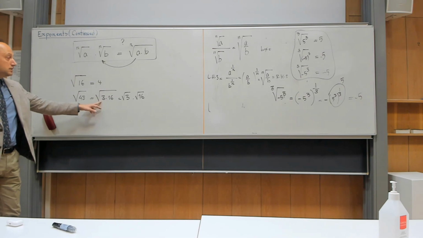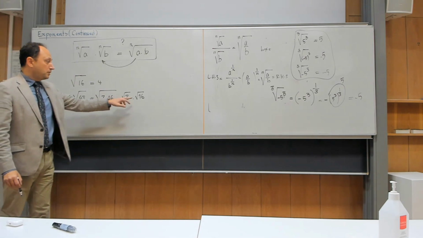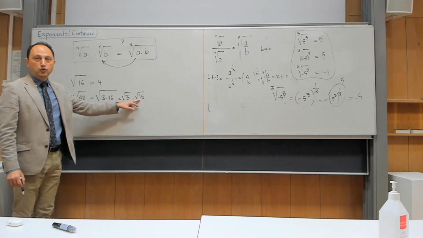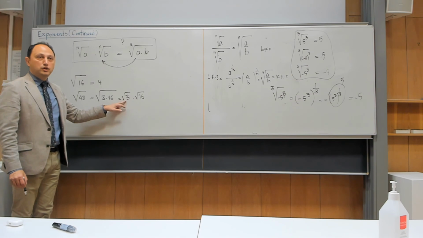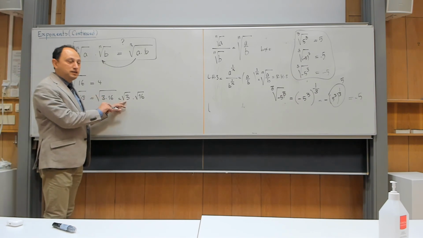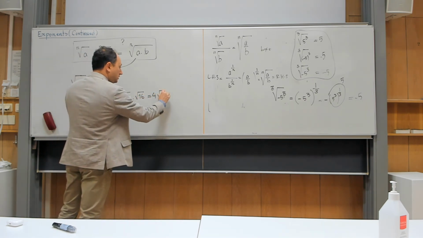Yes? It's extremely important to know this calculation. These are exercises. But can I know this exactly? This is how much? 4. 4 multiplied by square root of 3. A square root of 3, I don't know it exactly. So I have to keep it. So the answer would be 4 square root of 3.